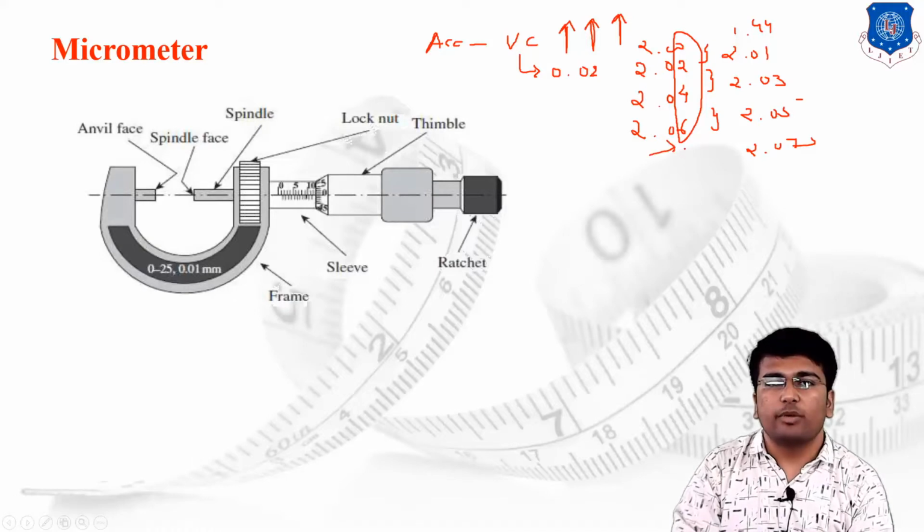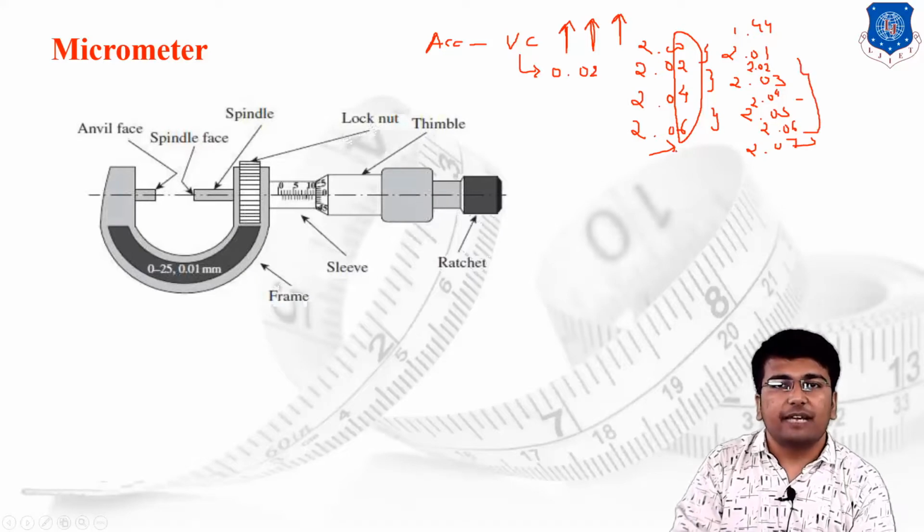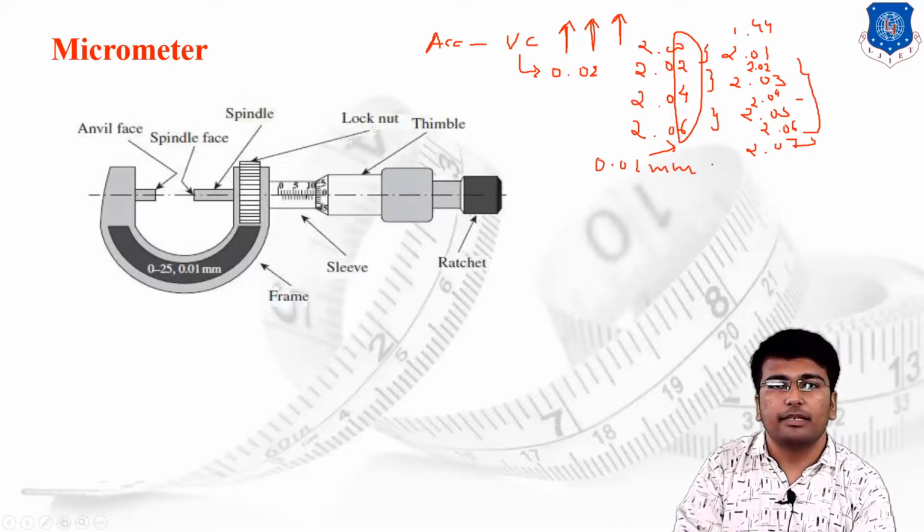To improve on this, with the micrometer you can measure 2.01, 2.02, 2.03, 2.04, 2.05, and 2.06 as well. It means all the readings falling with a difference of 0.01 mm can be measured using the micrometer.